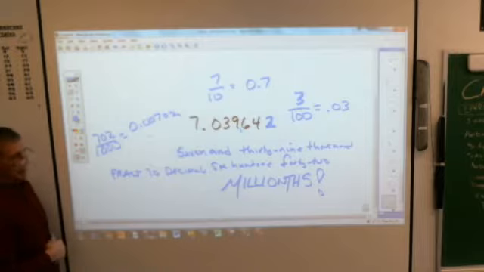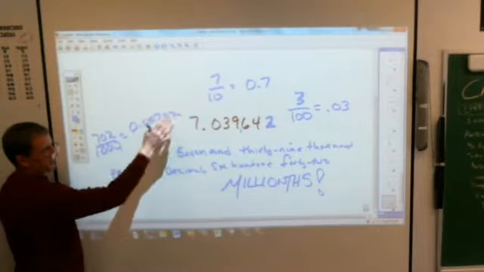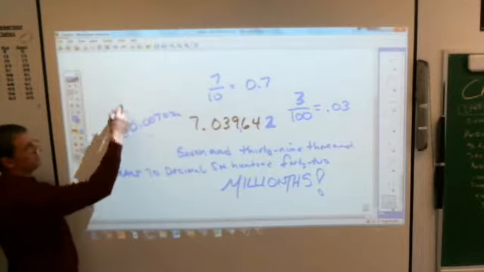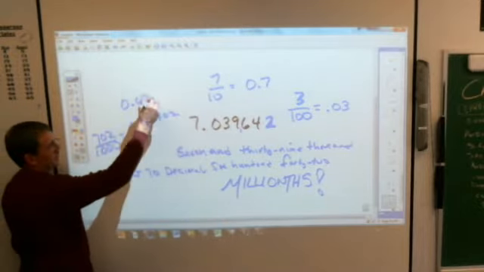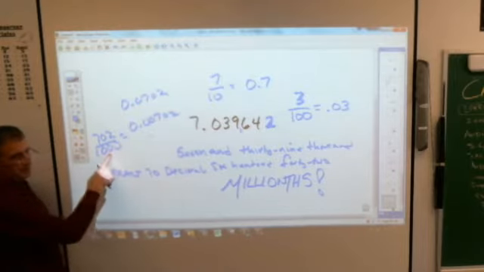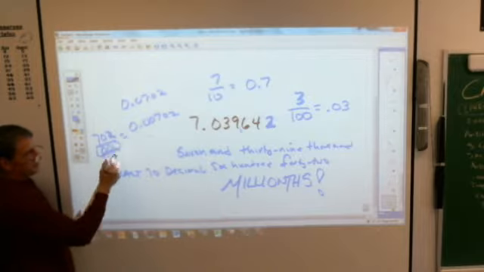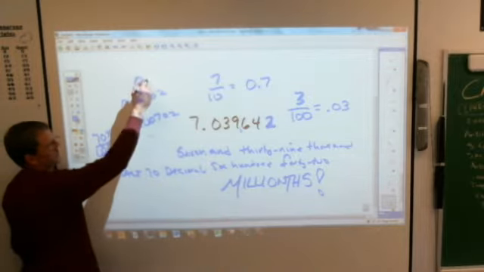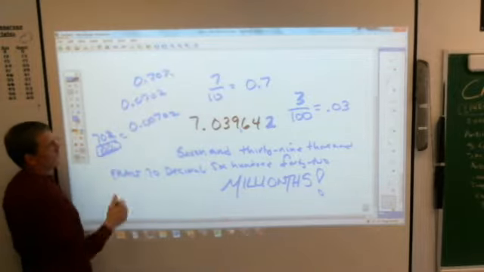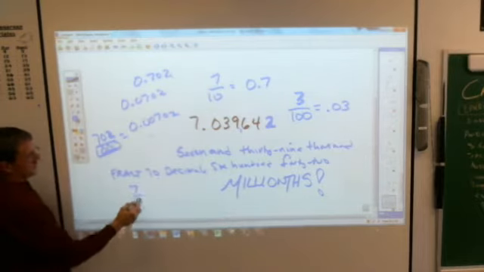Now, that actually is 702 tenths, hundredths, thousandths, 10,000ths, hundred thousandths. That would be 702 tenths, hundredths, thousandths, 10,000ths. This is only 7 thousandths. The 2 has to be in the thousandths place, so there's no extra 0. It's 0.702.